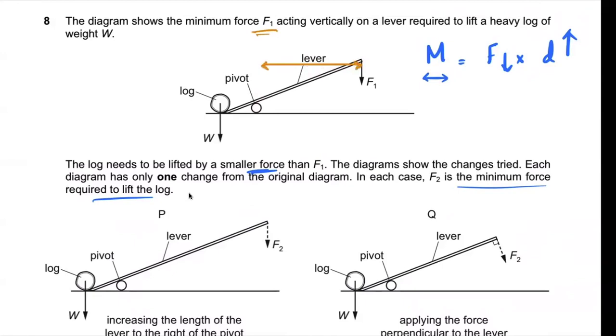But now if you have the same force but applied perpendicularly, you can see that the perpendicular distance is definitely larger, right? This is obviously larger than this one. You can also just pick it up and show you side by side with this. So this is definitely larger.